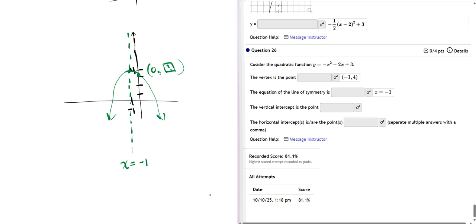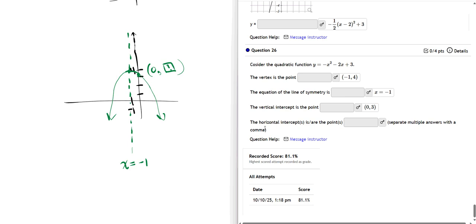So all that means is that I'm going to take my function equation that was given and replace x with 0 and find out that the y value is 3. Notice that the y-intercept is always the constant of the function when it's in this form. So here I know my vertical intercept point has to be 0, 3.